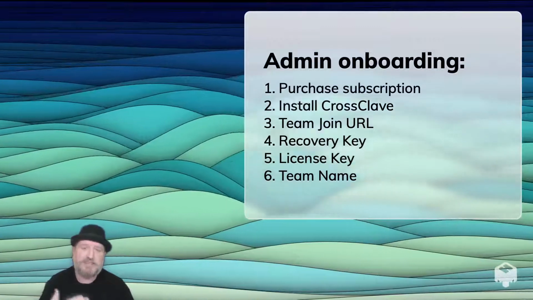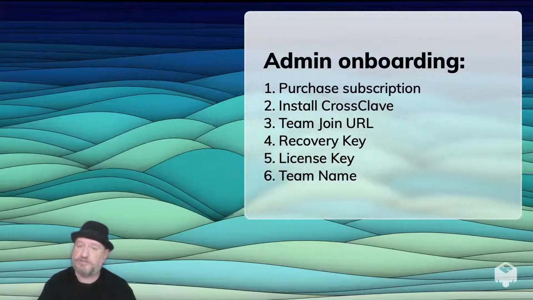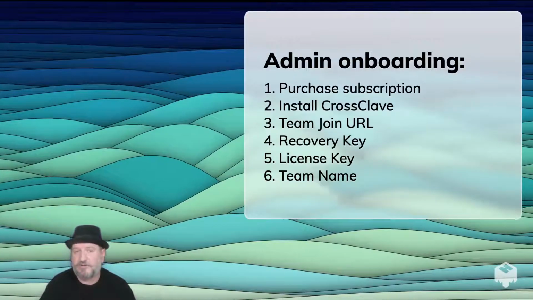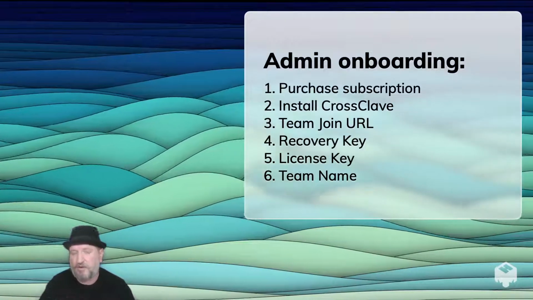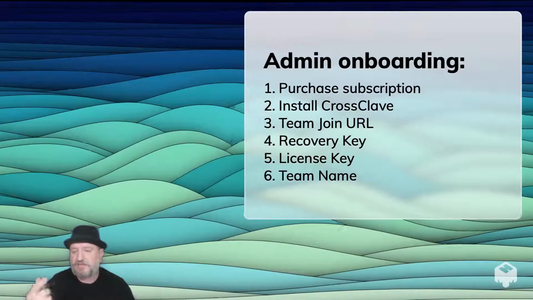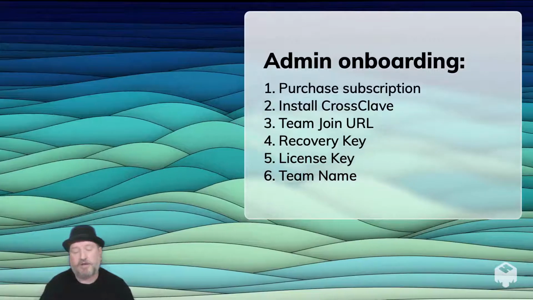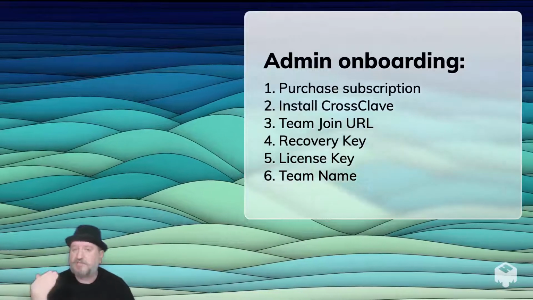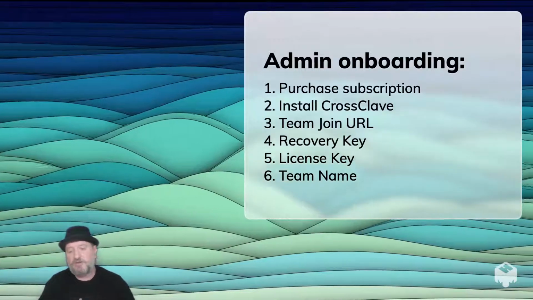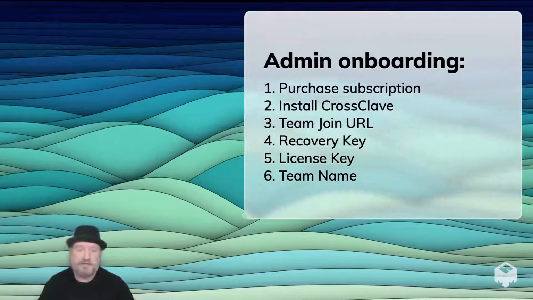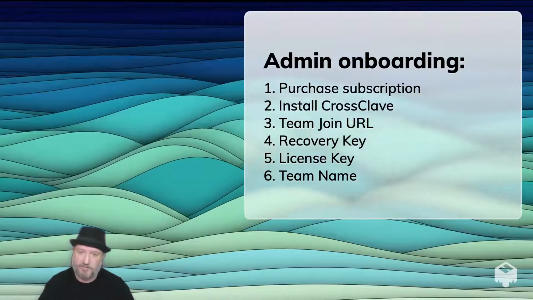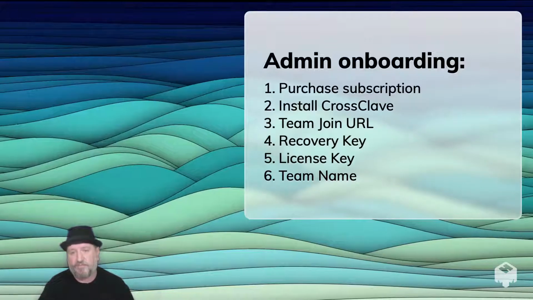As an admin, as the person who purchases a CrossClave subscription, whether that's on our free tier or one of our paid tiers, these are the 6 steps that you need to go through in order to get CrossClave up and going. They're pretty direct, but it's important to note each of them. First, you've purchased a subscription, then you install CrossClave on your computer or your Android phone.